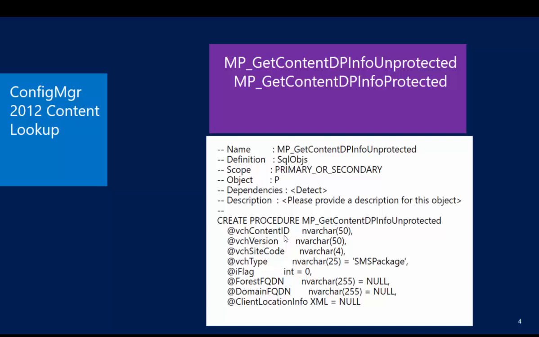The particular version of the content being requested, the site code where the request is coming from, the type, whether it's an SMS package, update or something else, some flag entry, the forest, the domain, the client location info, and so on. All of that gets fed into the stored procedure. The stored procedure works on it against SQL and then returns the information to the management point. The management point then sends that information back to the client.